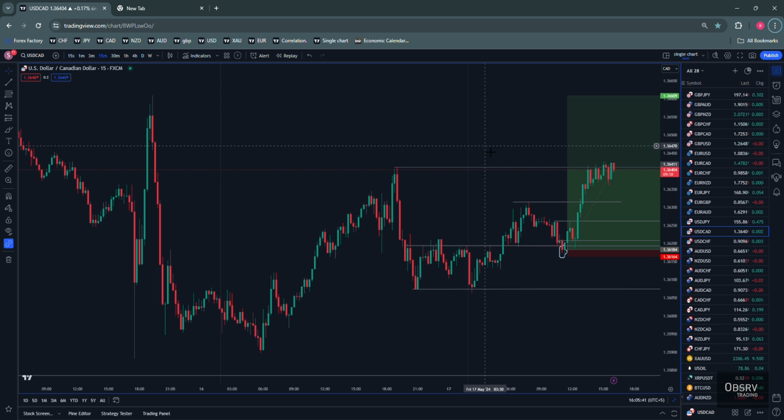I completely agree with them. I think it's easier to give something a term instead of going into the logic of it and trying to understand what is actually happening. So I'm going to show you guys how I read this trade.